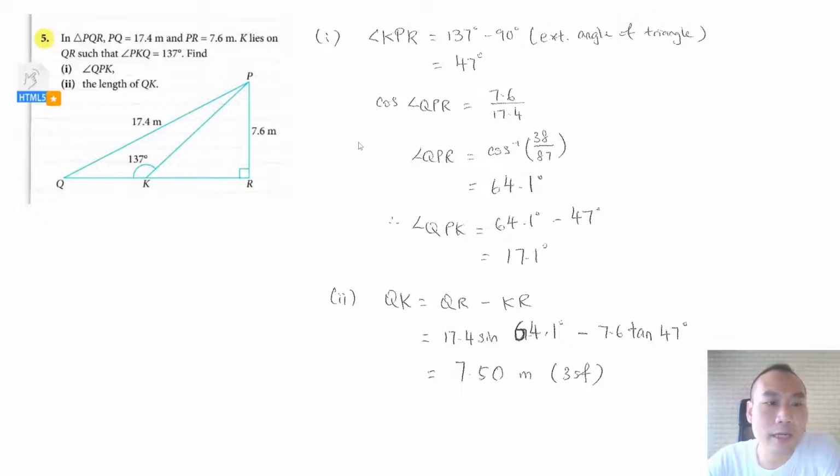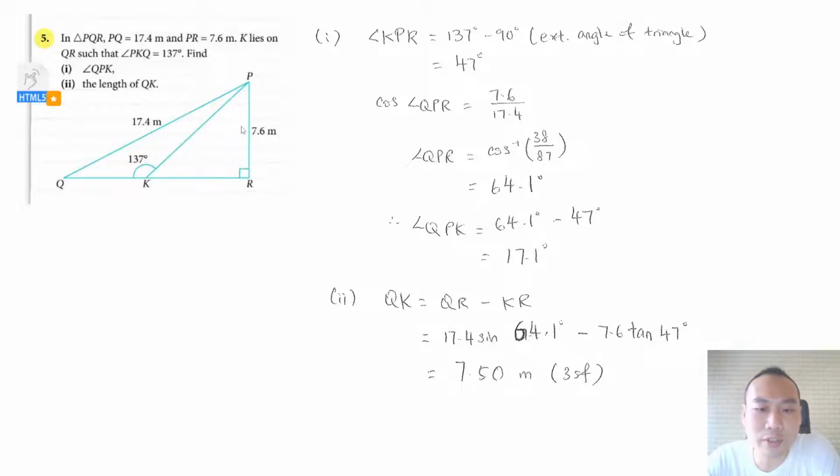And finally, to find the length of QK, same idea as the previous question. It's QR minus QK. So QR is 17.4 sine this angle over here, because if you use this angle, 64.1, we know that this is opposite over hypotenuse.